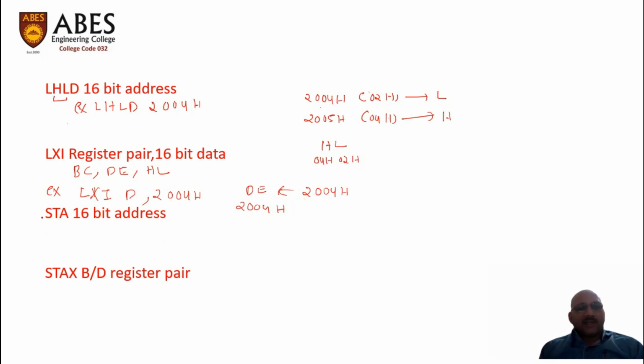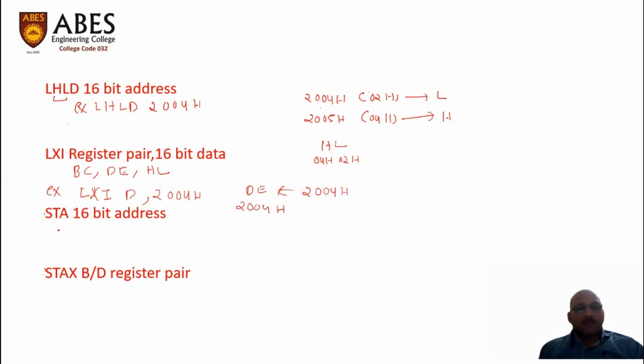Now, the next two instructions are basically used to store the content of the accumulator to the given memory location. We already saw the two instructions LDA and LDAX. They load the accumulator from the given address. But these two instructions store the content of the accumulator to the given location.